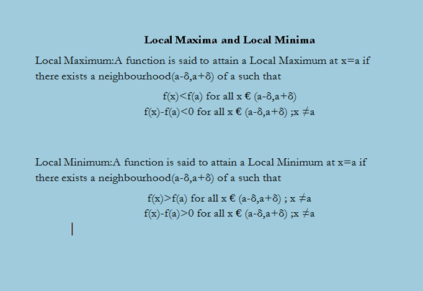The value of the function at x equal to a, that is f(a), is called the local minimum value of the function at point x equal to a.